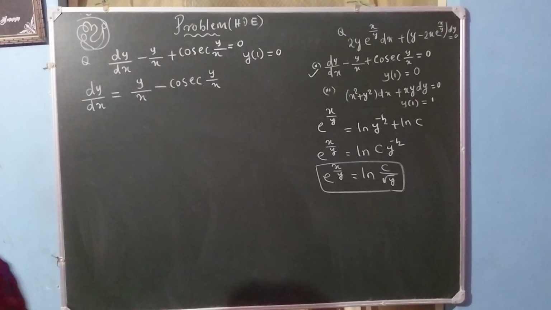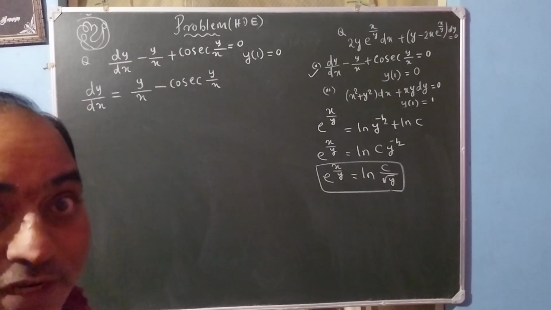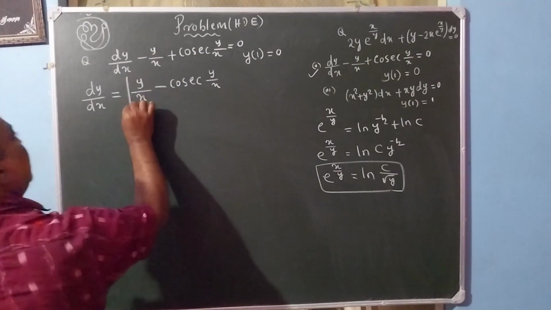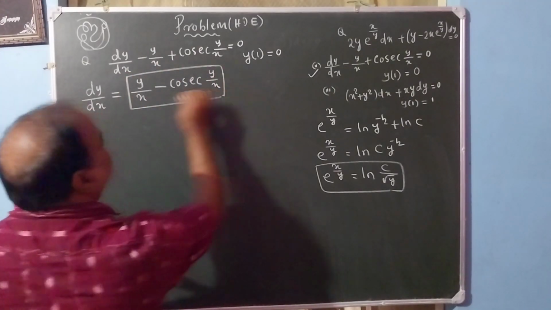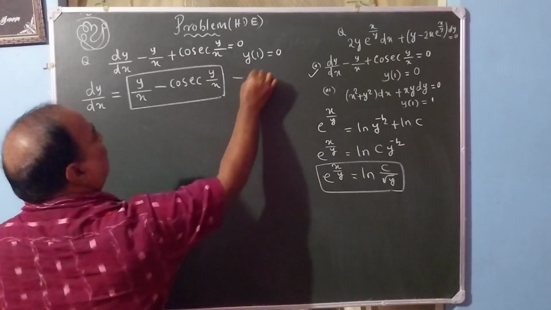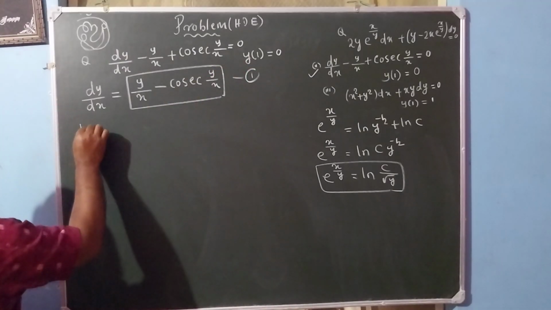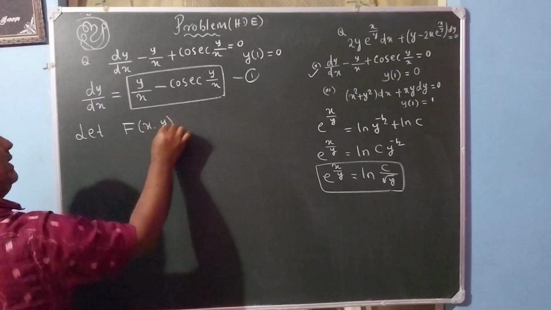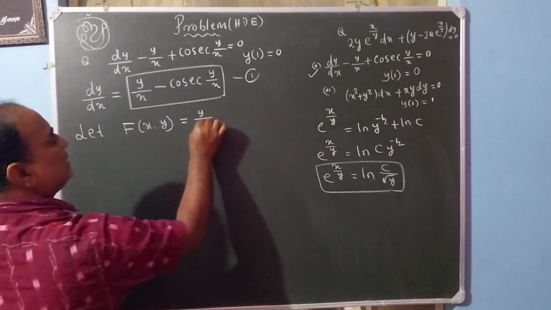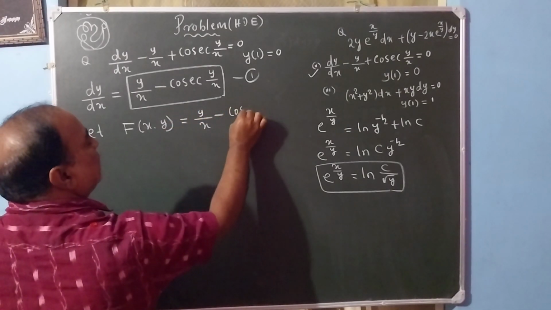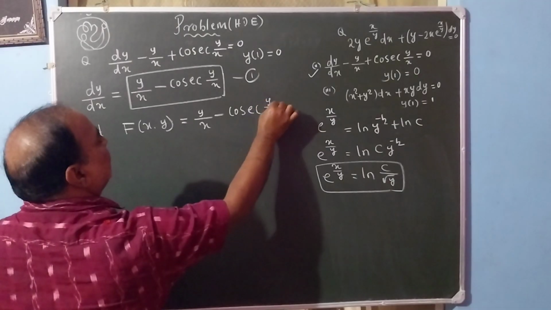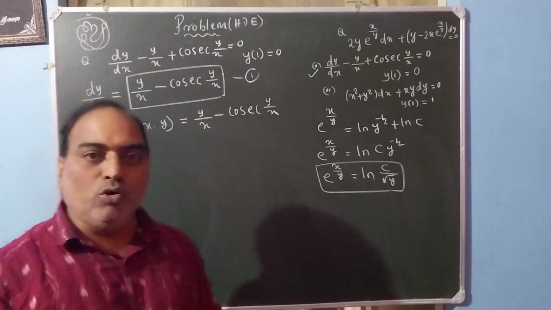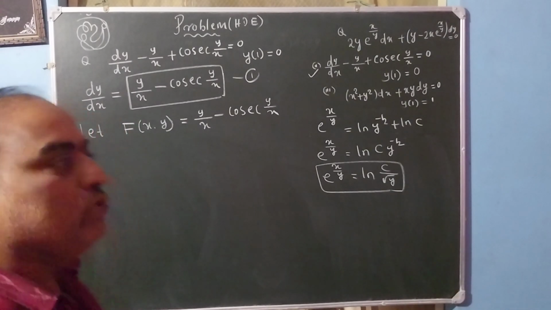First of all, we have to verify whether it is a homogeneous differential equation or not. For that, let f of xy equal y by x minus cosec y by x. Always put x is equal to tu, y is equal to tv.